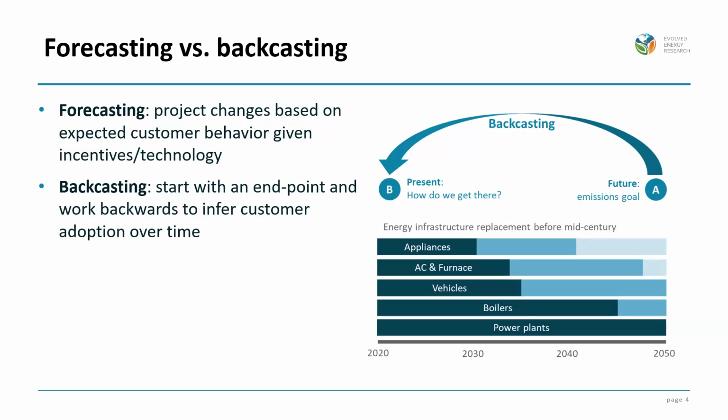The flip side of that is the forecasting approach, where it focuses really mainly on customer economics, and it oftentimes says, with existing policy, what type of adoption are we likely to see? And as I'll go through, these will oftentimes produce very different outcomes.